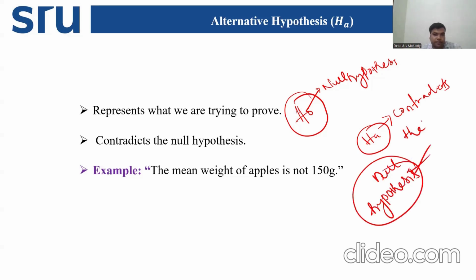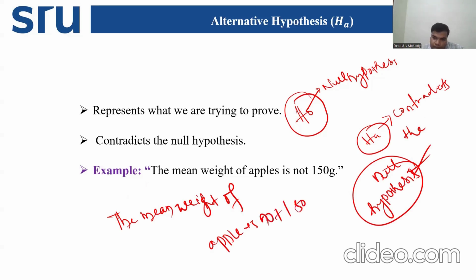The null hypothesis is that the mean weight of the apple is 150 gram, so the alternative hypothesis will automatically be that the mean weight of the apple is not 150 gram. So in case of any alternative hypothesis, it always contradicts the null hypothesis. It is not following the null hypothesis.